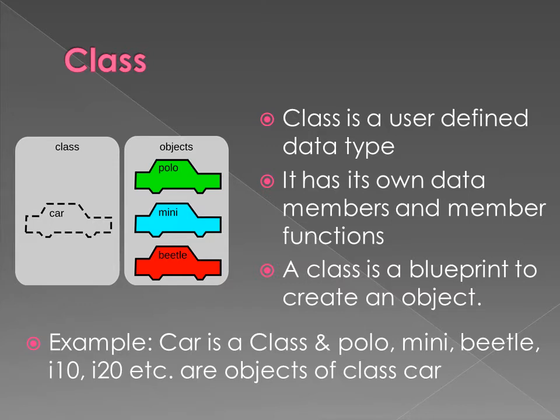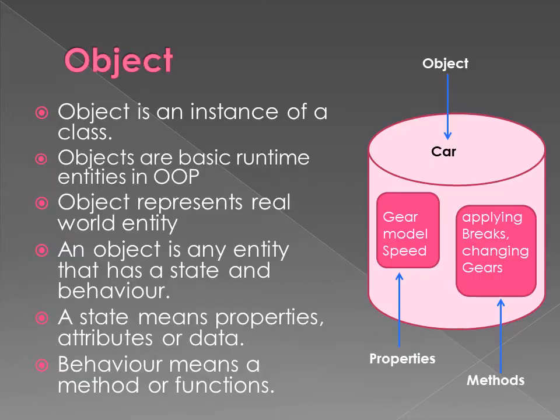In the same way, a class is also a blueprint. It does not have memory and a class cannot be used directly. So we need to create objects to use the functionality of the class. As shown in the image, car is a class and Polo, Mini, Beetle, i10, i20, etc. are objects of the car class.